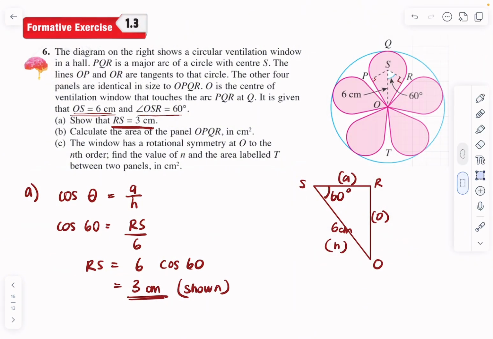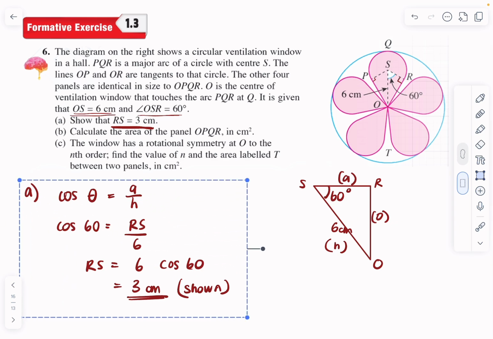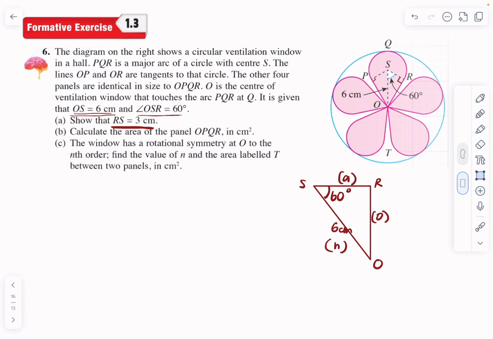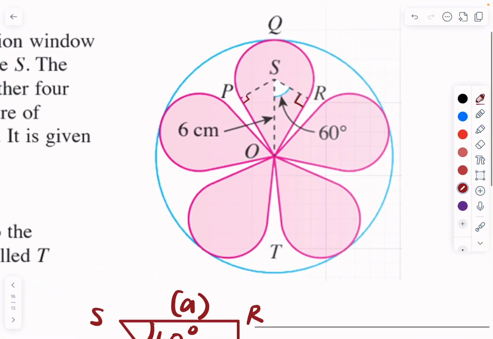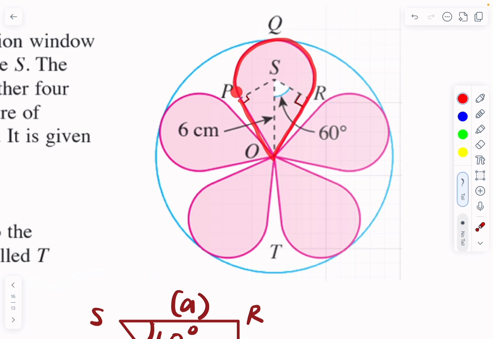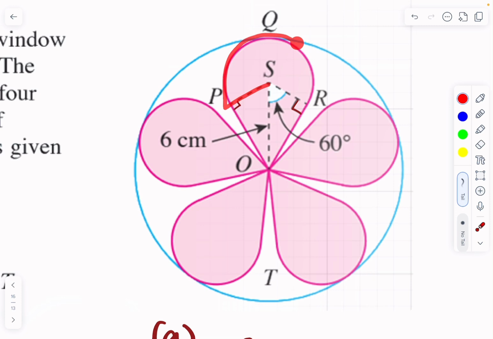Next, B. Calculate the area of panel OPQR. Alright, so now we need to calculate this whole area. This whole thing is a combination of one sector and 2 right angle triangles. So let's first find the area of this sector. We know the radius is 3.